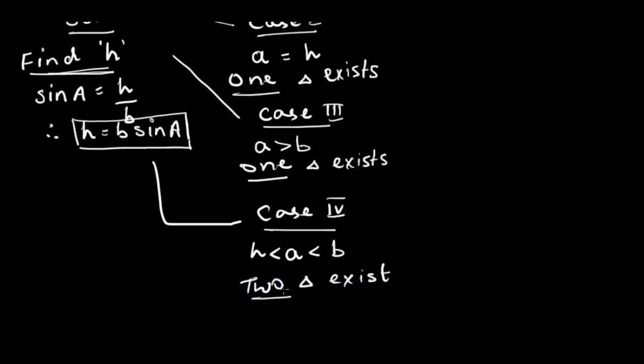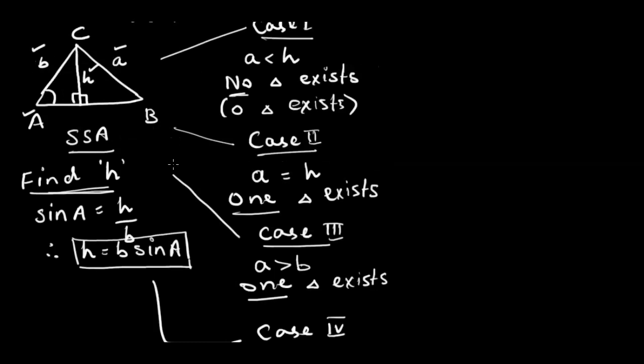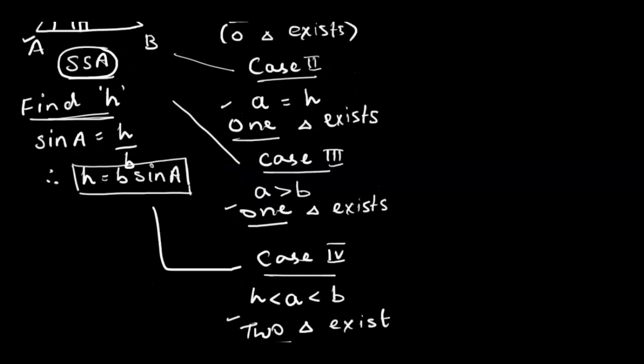And when 2 triangles exist, if we are given a word problem, we would have 2 answers to the given problem. These are the 4 cases for an acute triangle that has SSA situation. We can either have 0, 1 or 2 triangles existing in such a case, and depending upon the number of triangles we would get the number of solutions.